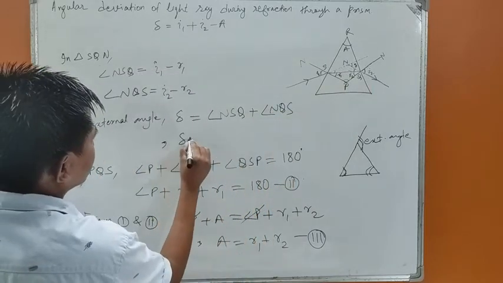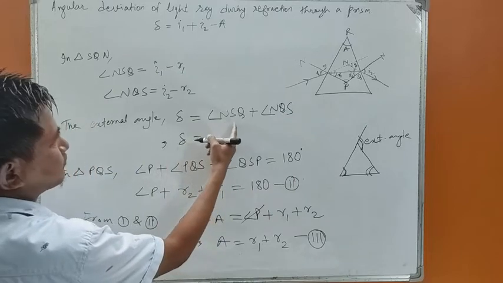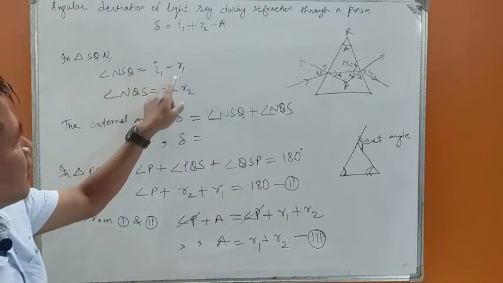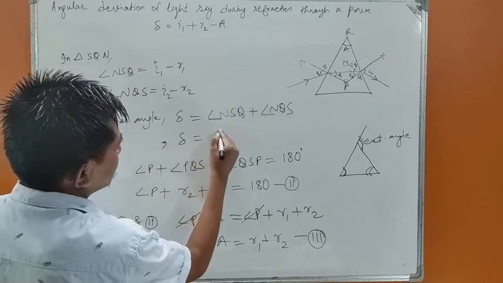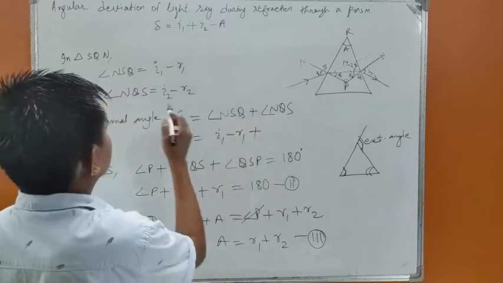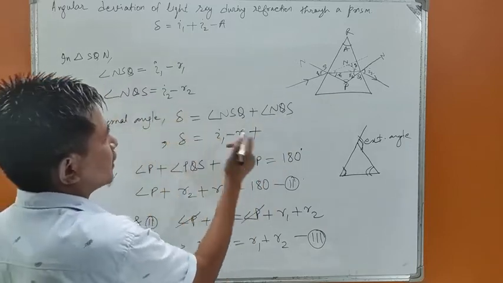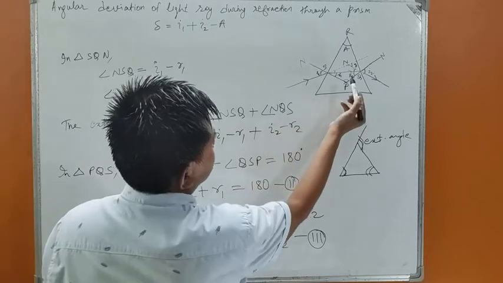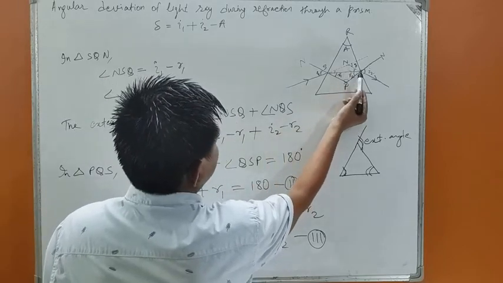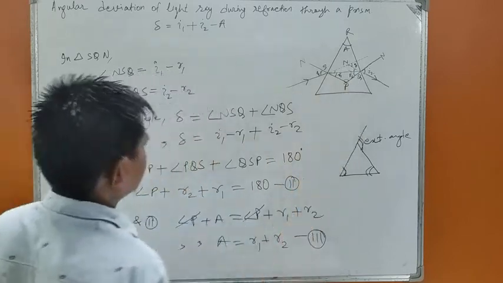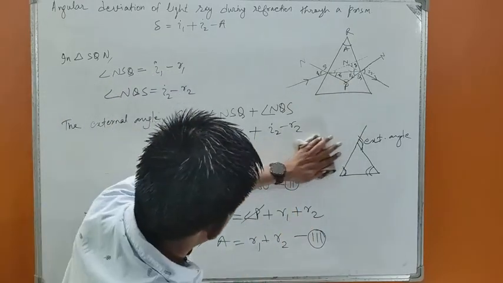Or del equals NSQ, and NSQ is I1 minus R1, plus NQS. NQS is I2 minus R2, isn't it? This angle NQS is I2 minus R2. So let me continue, okay?